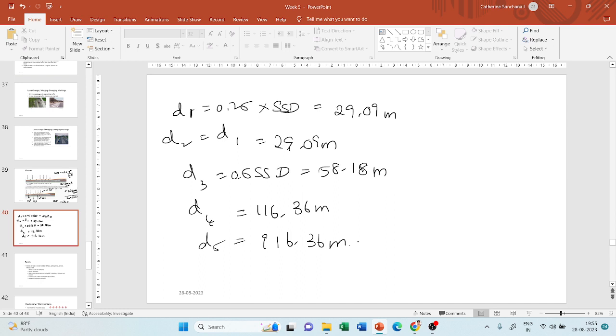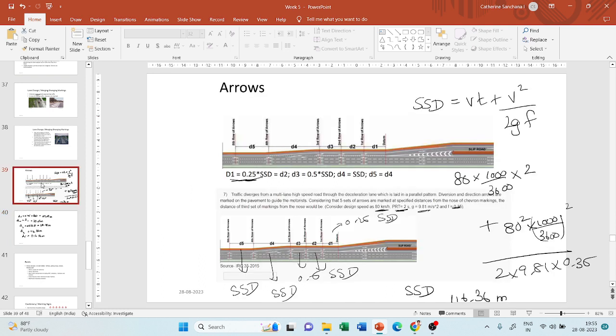If you read the question, they've asked, consider that 5 sets of arrows are marked at specific distances from the nose of chevron markings. So this is the nose of chevron markings and 5 sets of arrows are marked. And the distance of the third set of markings from the nose would be what? That will be D1 plus D2 plus D3.